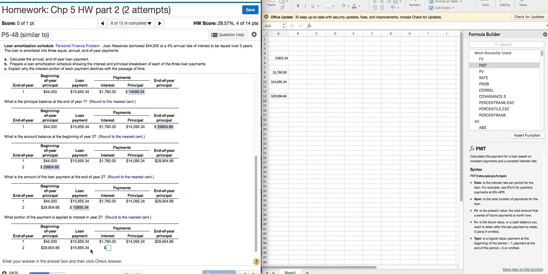Now how much interest was paid from that second loan payment? To calculate that, we take the principal that we had left at the beginning of the year, which is the $29,904, and again multiply it times the interest rate, which is 0.04. So the interest portion of our payment is $1,196.19.